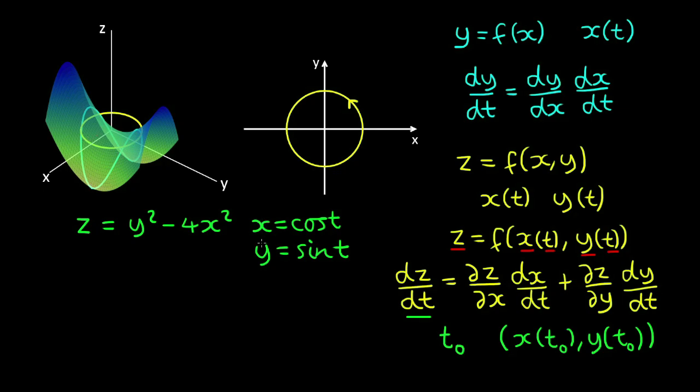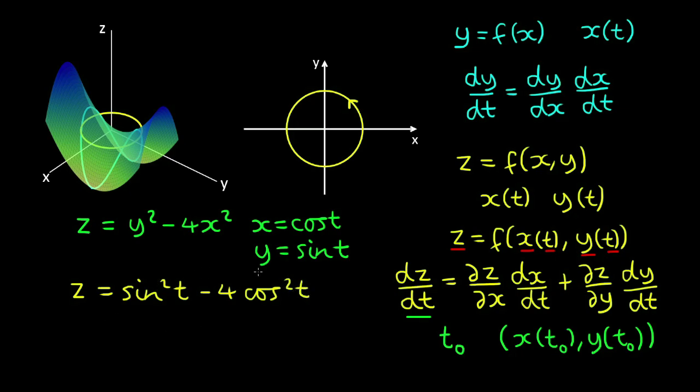Substituting for x and y in z, we get the z coordinate, which is sine squared t minus 4 cosine squared t.